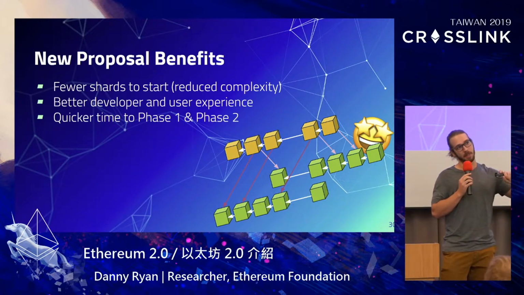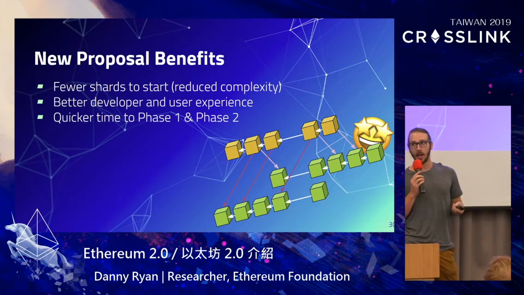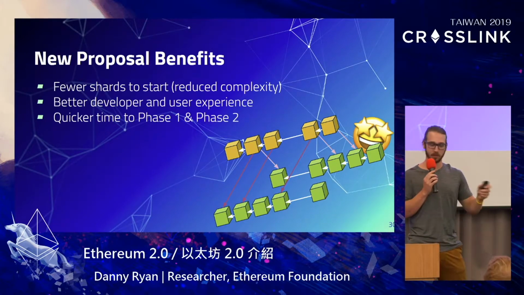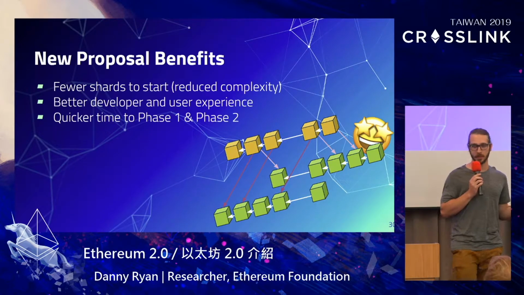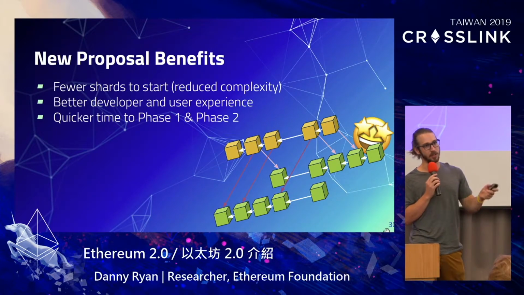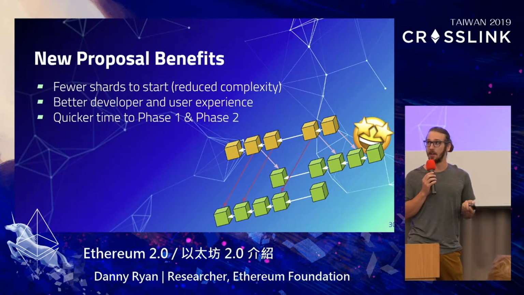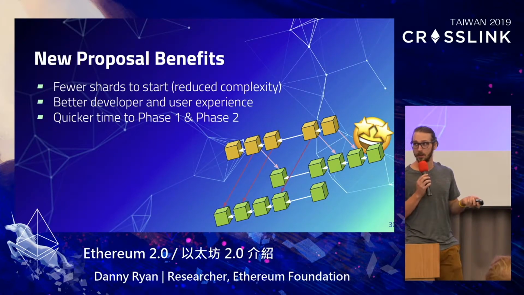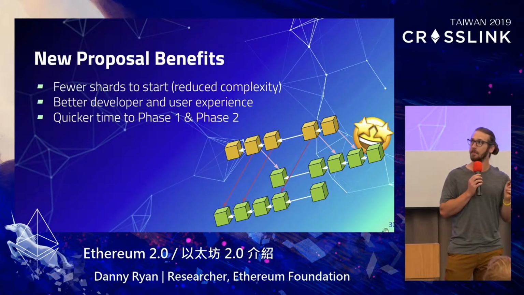Things still don't happen cross-shard with atomicity, but you can potentially have better developer tooling and languages to deal with these quicker guarantees of latency. And we ultimately think that by moving to this proposal, because of the reduced complexity in the number of shards and in dealing with cross-shard communication, we get a quicker time to phase 1 and ultimately phase 2, which I think is a net benefit to the community.